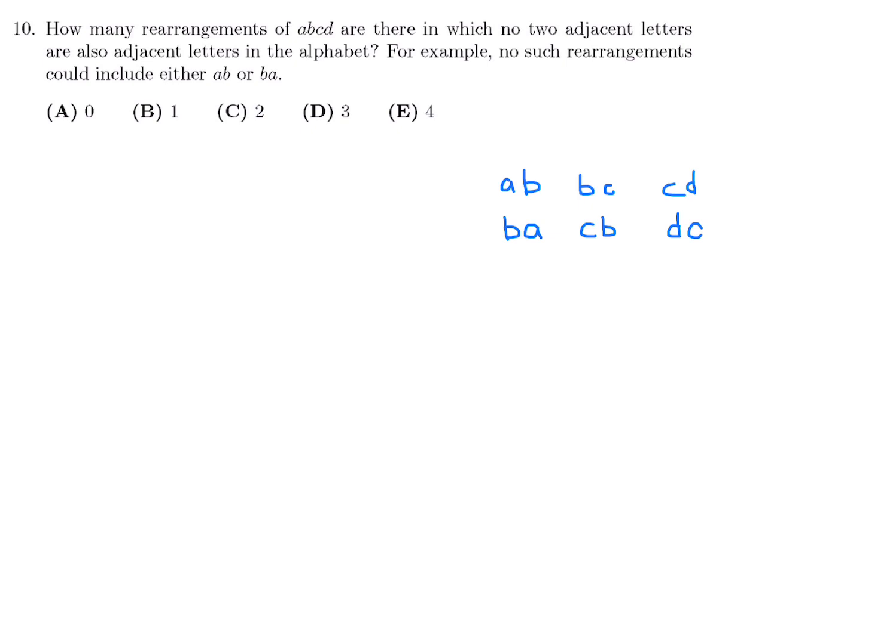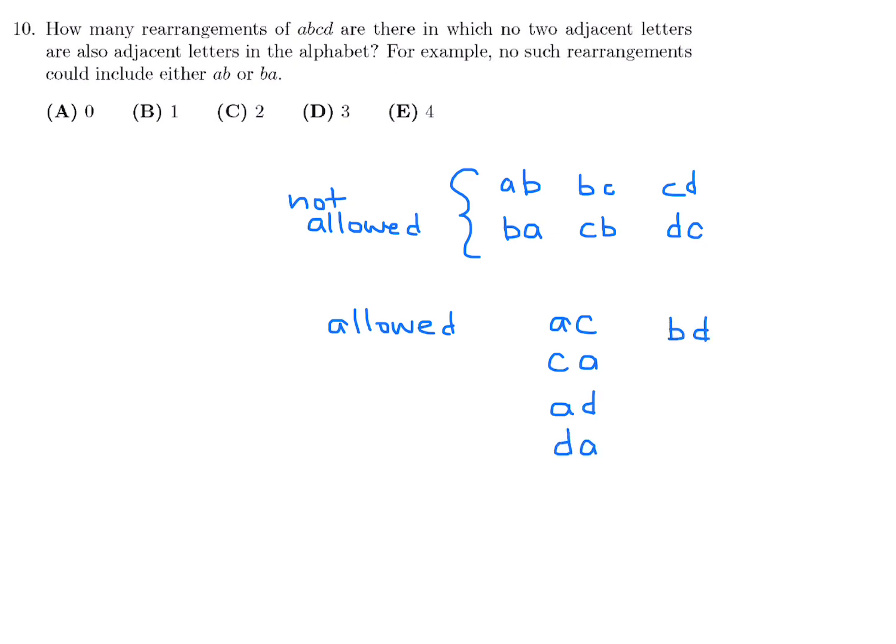Well, is there anything left? I think so. The only ones that are allowed are if they're not adjacent. So for example, AC, CA, AD, DA, and I think BD and DB.